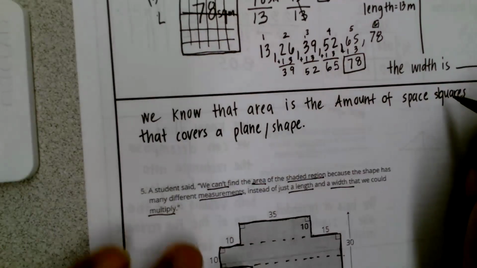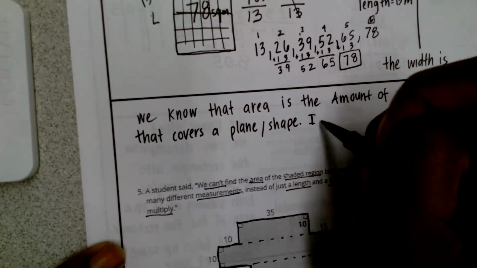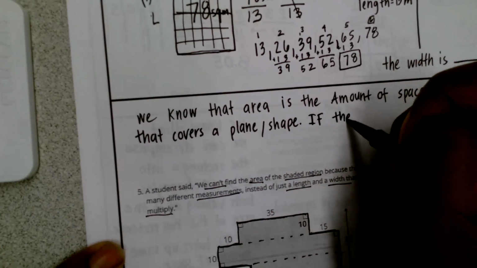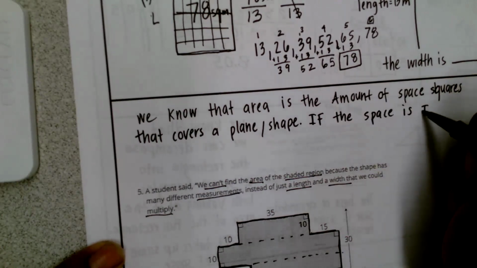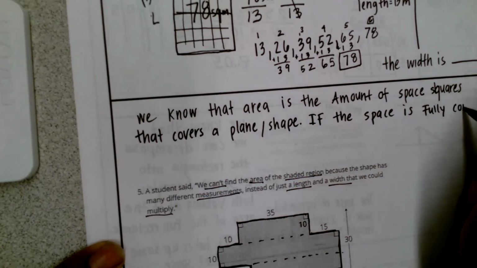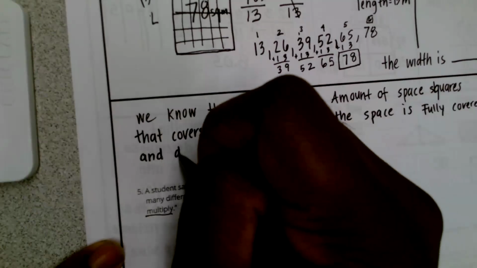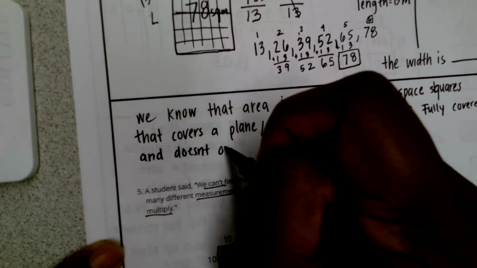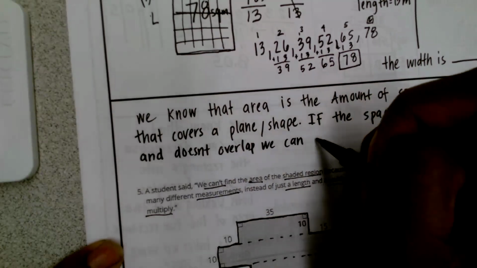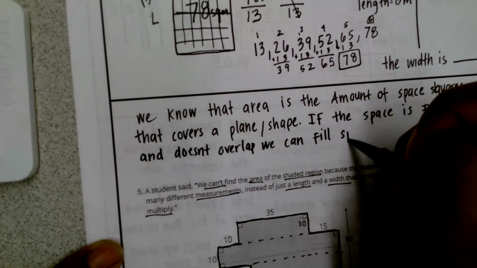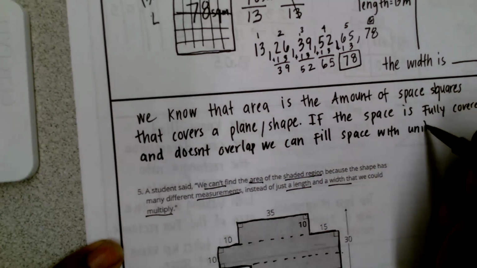So if the space is fully covered, and does not overlap, we can fill space with unit squares.